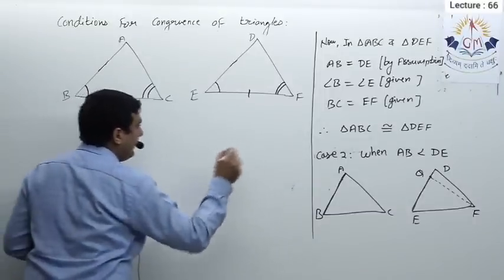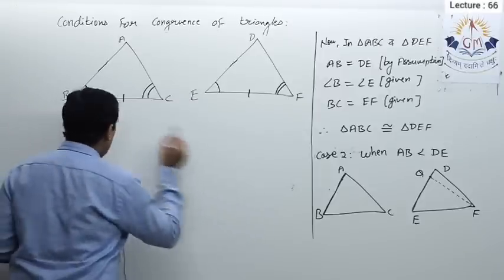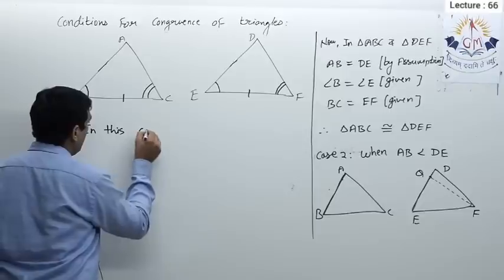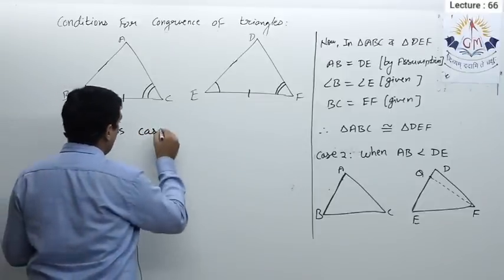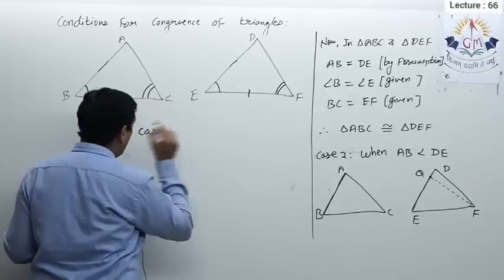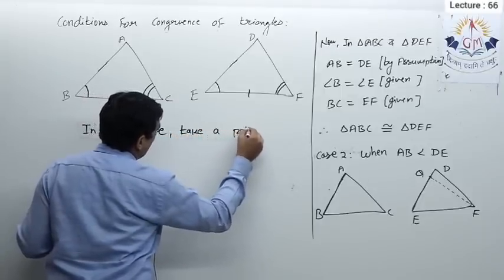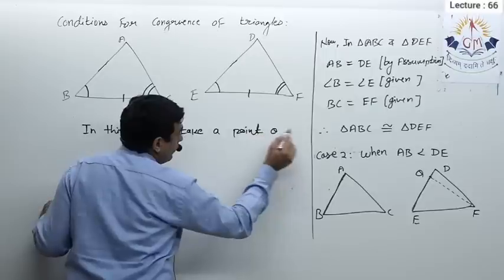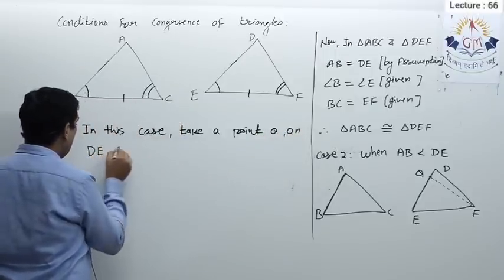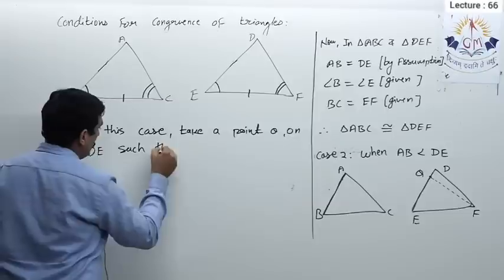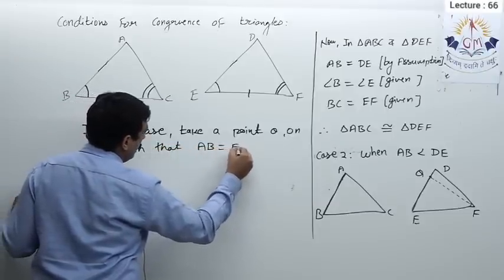Now case 2, when AB is equal to DE. So in this case, take a point Q on DE such that AB is equal to EQ.